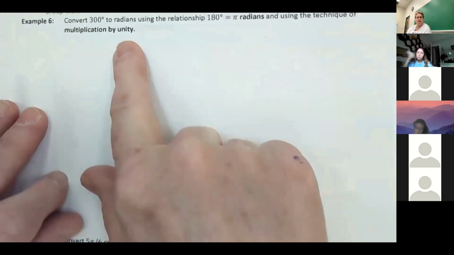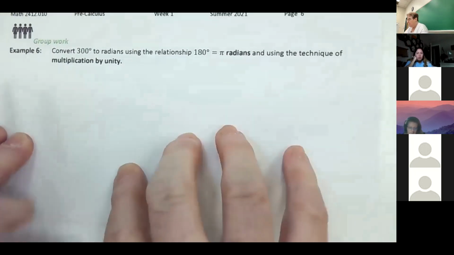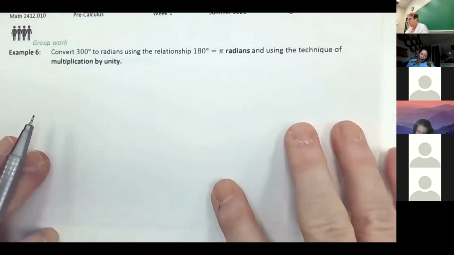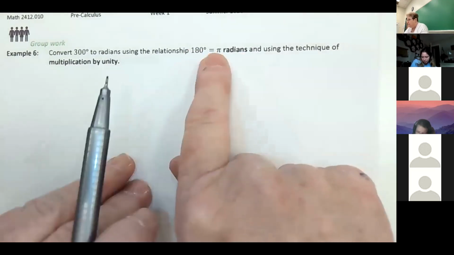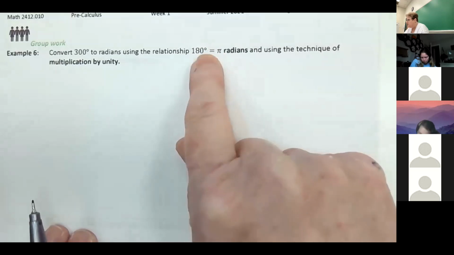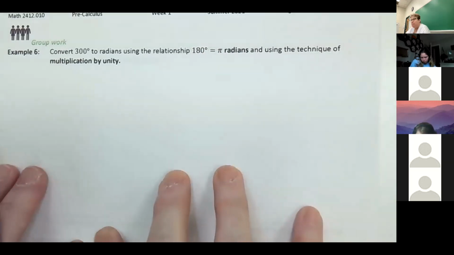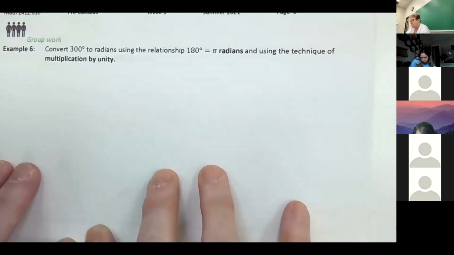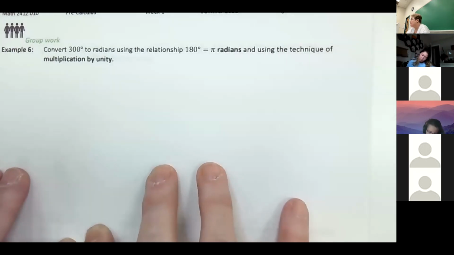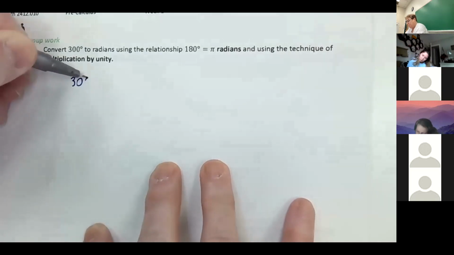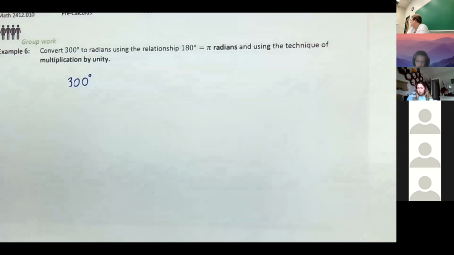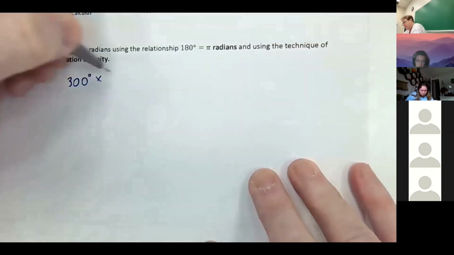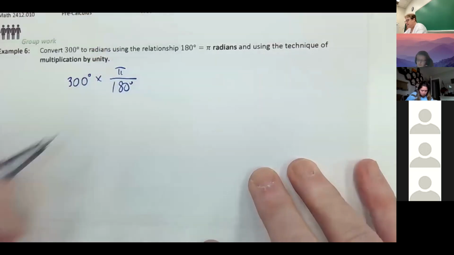So let's just do this as a class, but I want you all to tell me what to do. We're going to convert 300 degrees into radians, and we're going to use this relationship that 180 degrees is pi radians. So how do we do it? Multiply by pi over 180. Okay. Excellent.